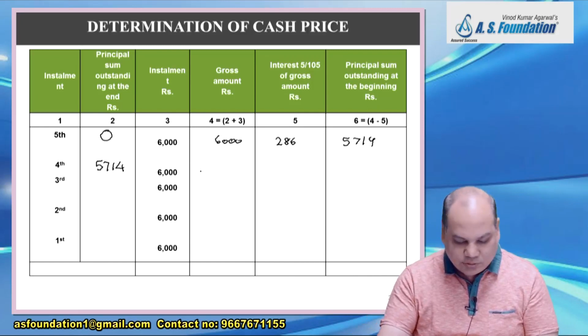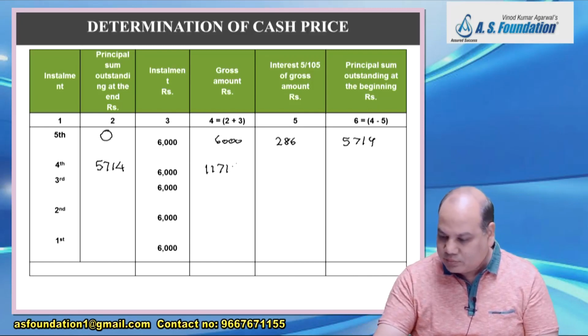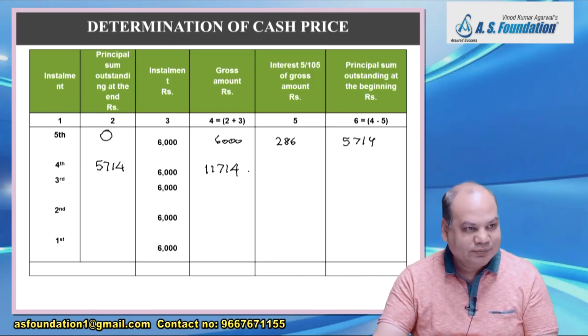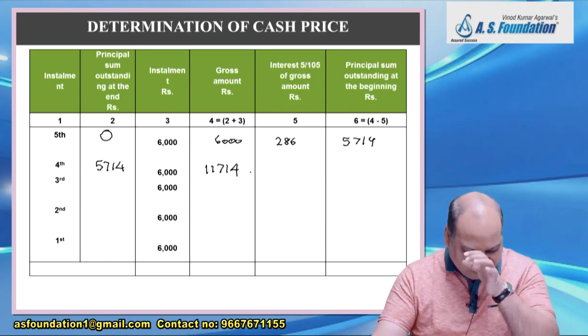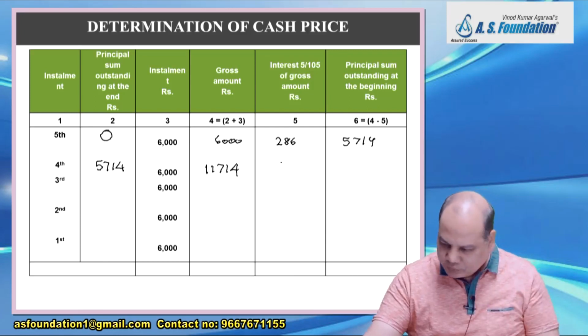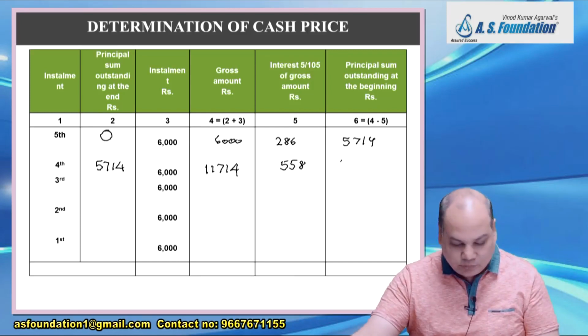5714 plus 6,000 is 11714, into 5 by 105. Interest 558, balance 11156.